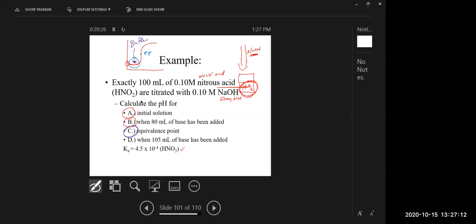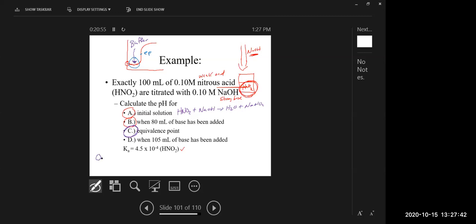If you look at the equation that we're dealing with in this reaction, which is HNO2 plus our sodium hydroxide gives us our H2O plus our NaNO2, I will show you the long calculation way of doing it. That might be helpful for you.